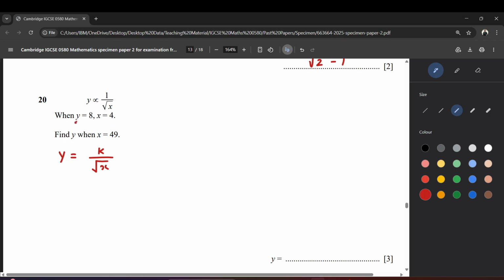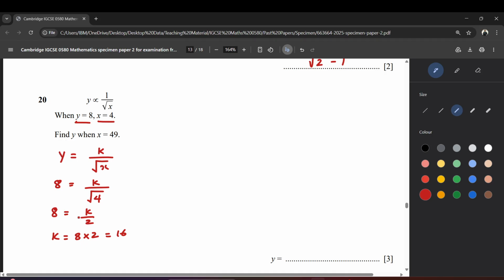Then we know that when y equals 8, x equals 4. Using this condition, we can find the value of k. So y is 8, sorry, k upon root 4. So this is 8 equals k upon 2. 2 goes to the other side. So k is equal to 8 times 2, which is equal to 16.